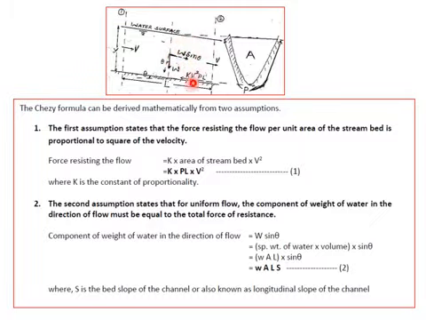So whenever the flow takes place, the component of the weight of water in the direction of flow, that is W sin theta, has to be equated to K V square PL, the resisting force. Then the water surface will assume a constant depth.